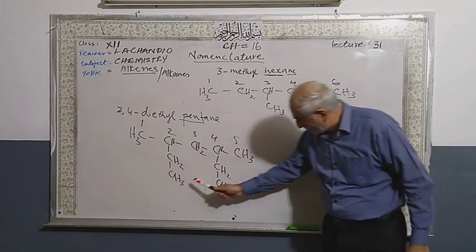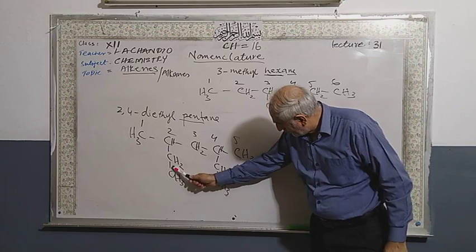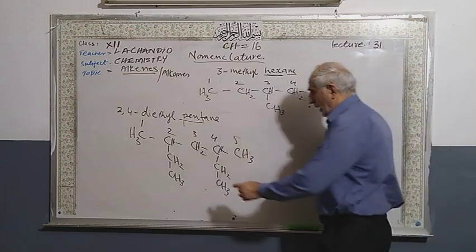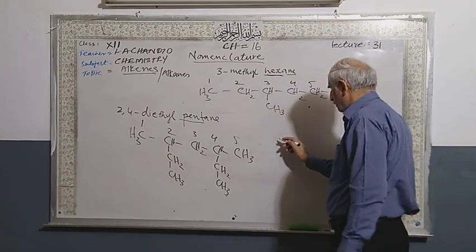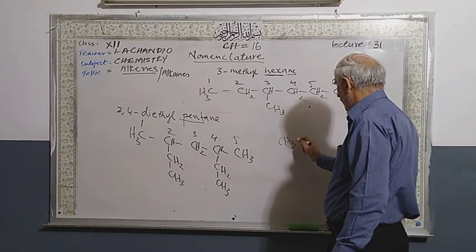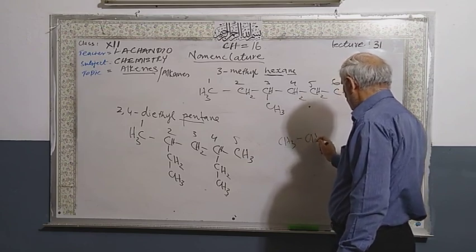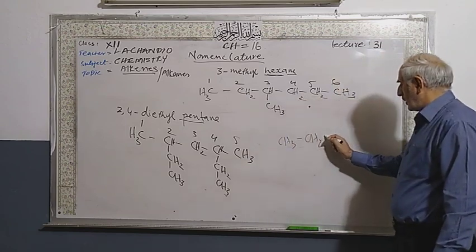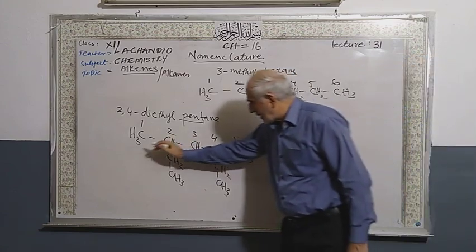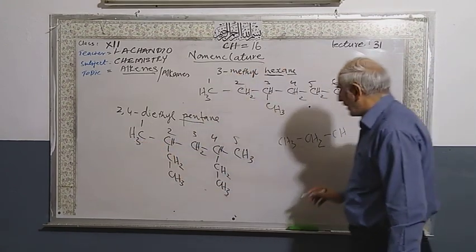See this one. Count, starting from here. CH3, CH2, then CH, and there is CH3 here.